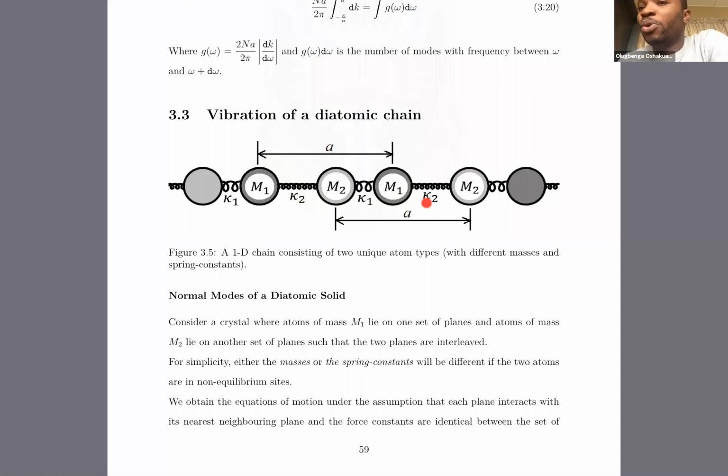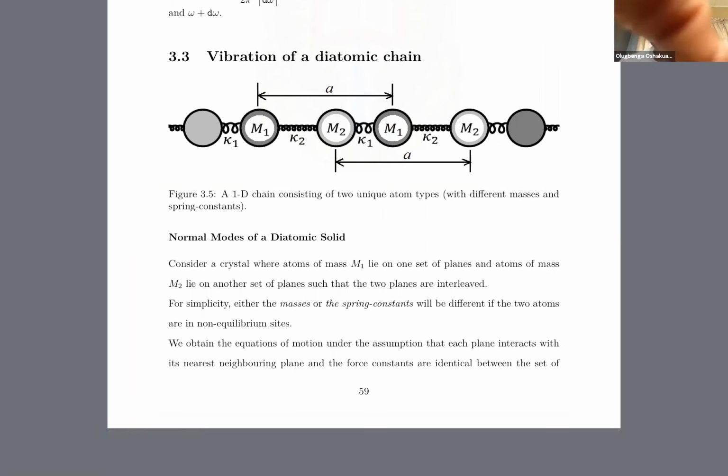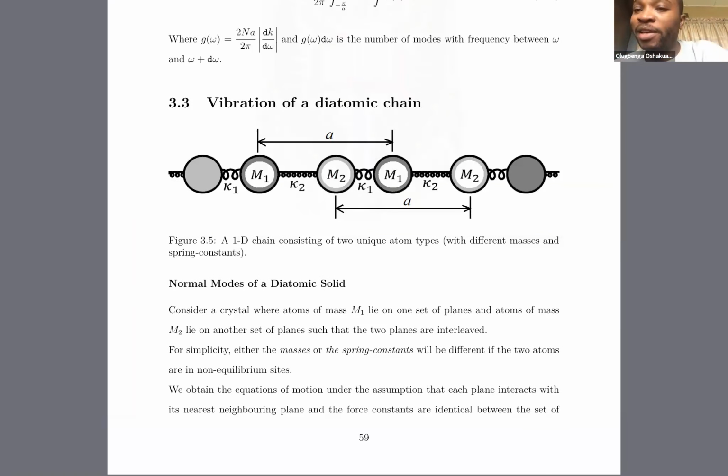Then we'll have different types of M. That is, M1 not equal to M2, but kappa 1 equal to kappa 2. Those are the two assumptions we can make. The kappa here are spring constants, while the M are the masses.